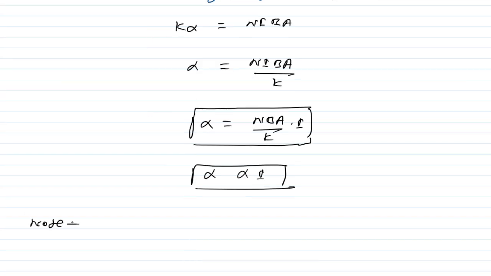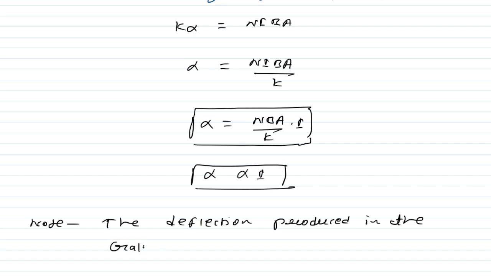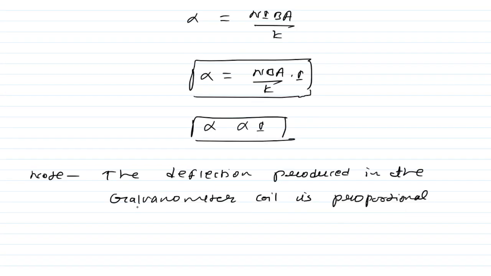Write that point as a note: the deflection produced in the galvanometer coil is proportional to the current flowing through it.